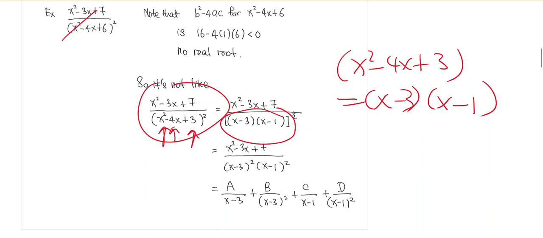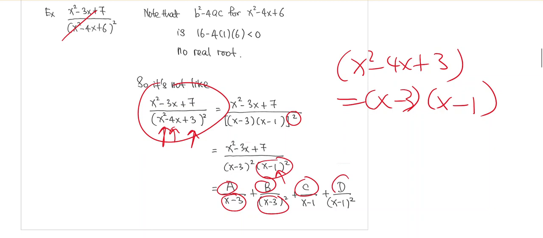Because of the square, you identify the repeating term x minus 3, which is a polynomial of degree 1, so on top it should match with a constant. You are using the repeating rule, x minus 3 squared. Here a constant. This is also a repeating term, but a linear repeating term. So here will be constants, over x minus 1 and x minus 1 bracket squared.